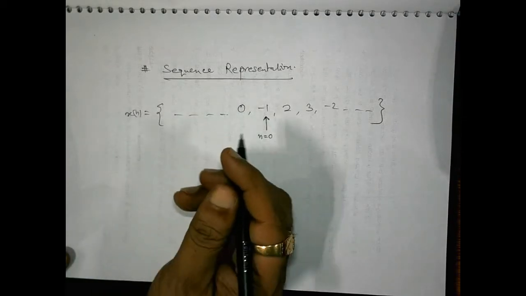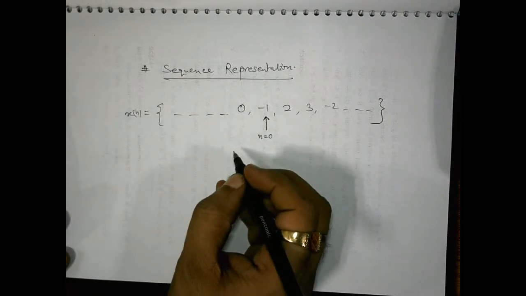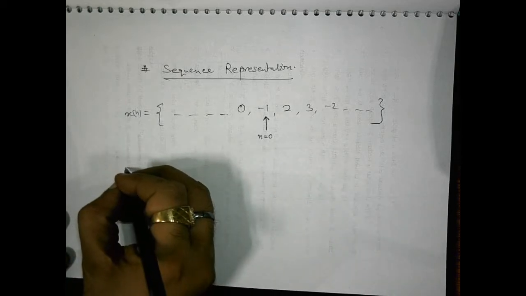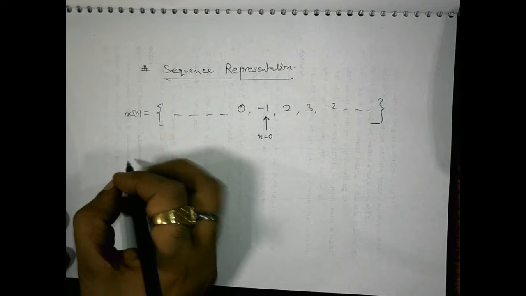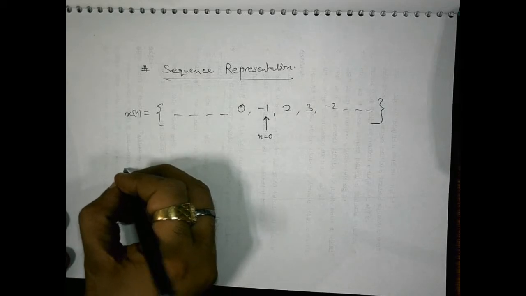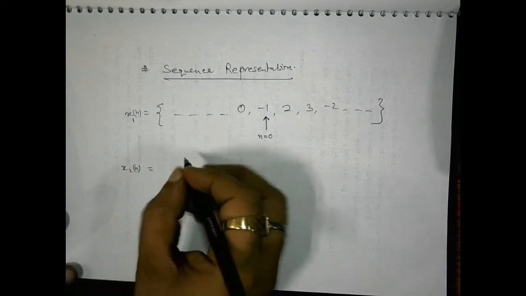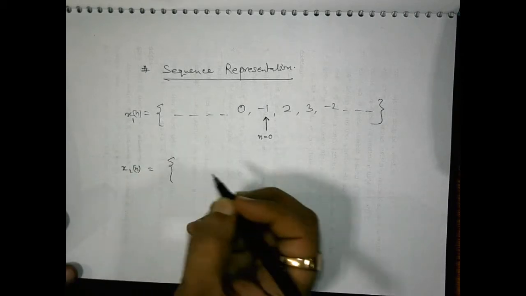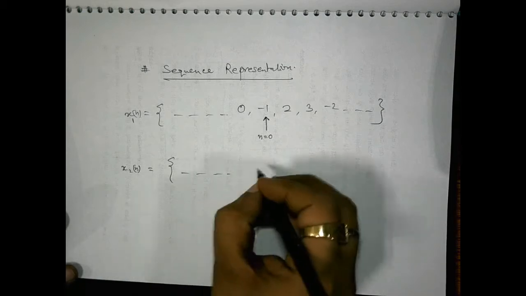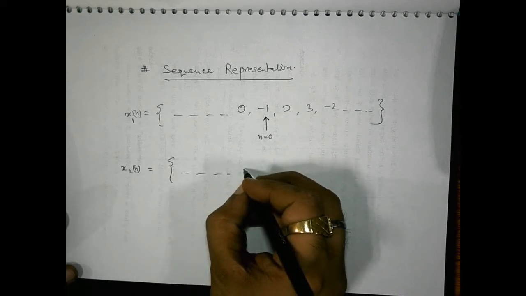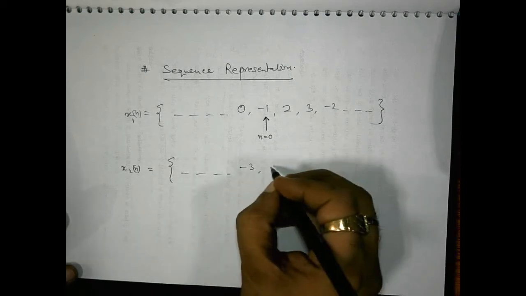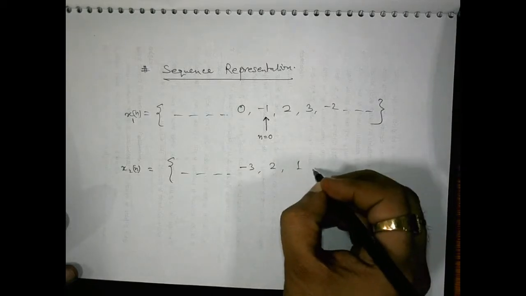Another form of infinite duration signal is, suppose, a left sided signal or a right sided signal. Suppose we have a signal x2n which can be represented like this: -3, 2, 1, 3.